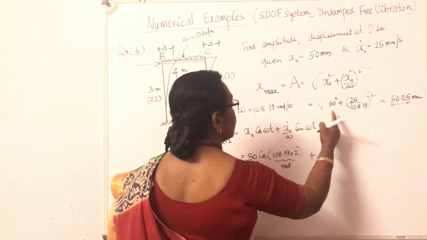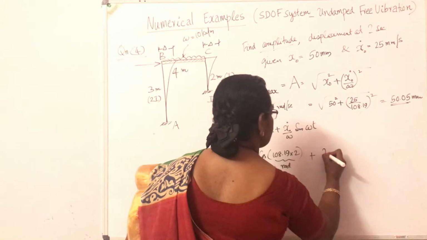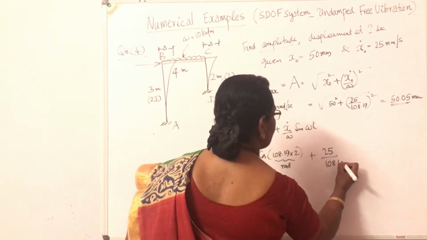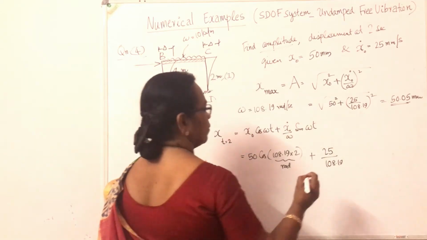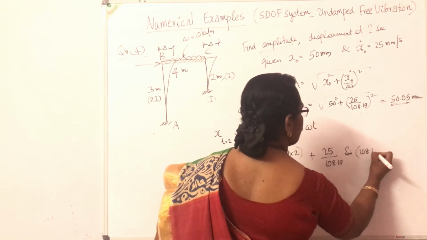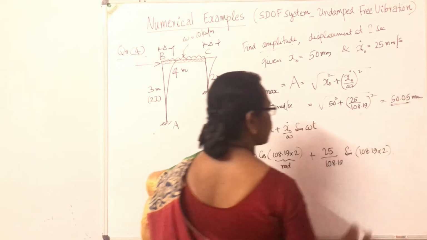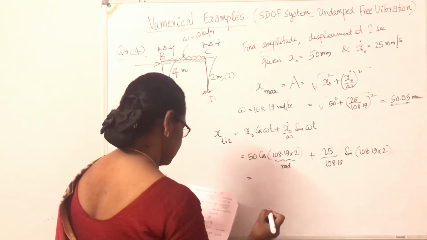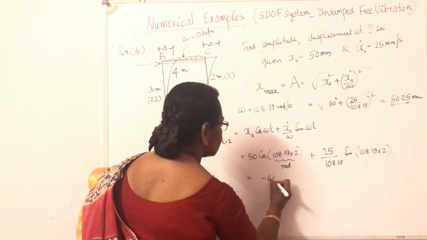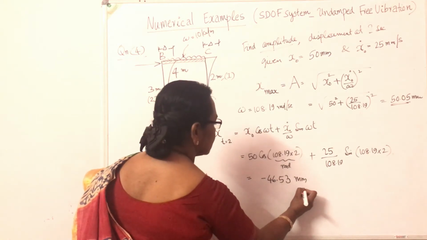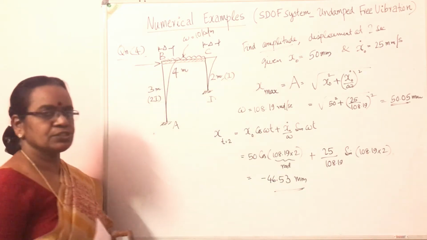Plus x0 dash 25 by 108.19 sin omega t. Substituting this, we'll get the displacement as minus 46.53 millimeter.